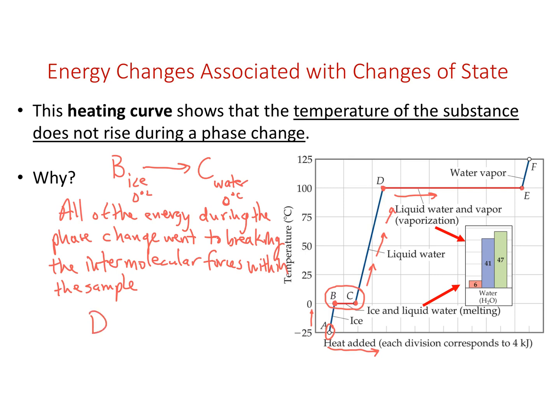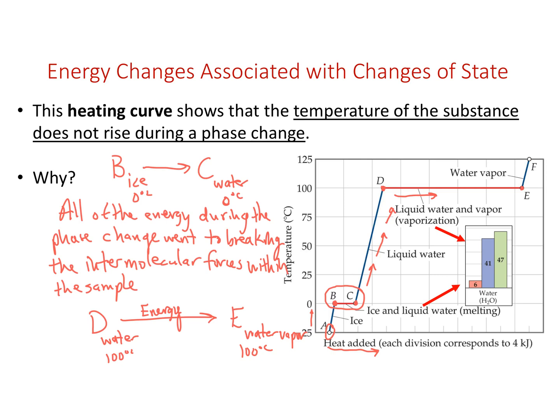and the same thing would happen as I transition from D all the way to E. At D, I'm water at 100 degrees, and at E, I'm water vapor at 100 degrees Celsius. So all the energy that you added during that transition had to go into breaking the intermolecular forces that were holding that sample together in the liquid phase.